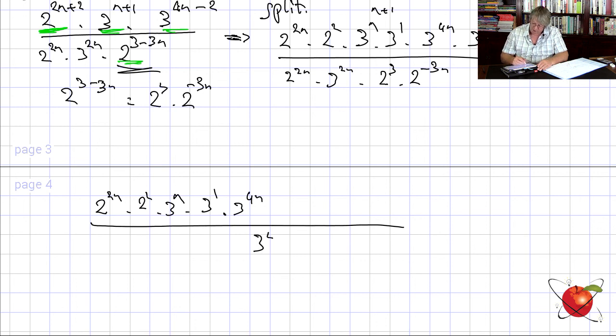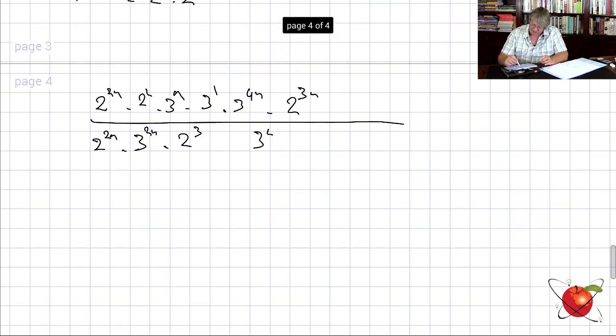Then I go 2 to the 2n, 3 to the 2n, 2 cubed, and at the top goes 2 to the 3n. That one has gone upstairs now, to become positive. Now I take out my cancel pen because now I'm happy.